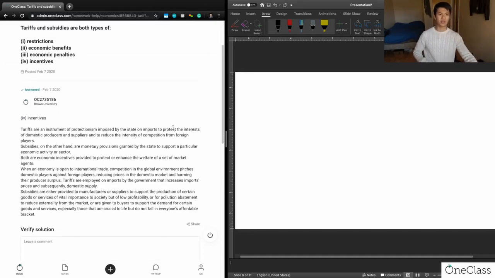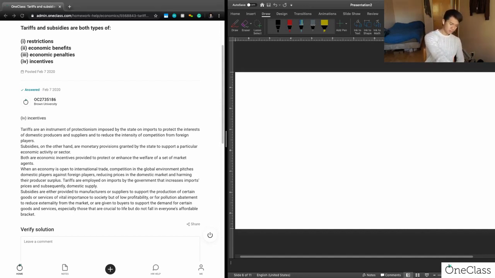Take a look at the answer choices provided by the previous tutor. The previous tutor says incentives as well, which is good. And they say tariffs are an instrument of protectionism imposed by the state on imports to protect the interests of domestic producers and suppliers and to reduce the intensity of competition from foreign players. Again, yes, very true. That's why you would implement a tariff in most situations.